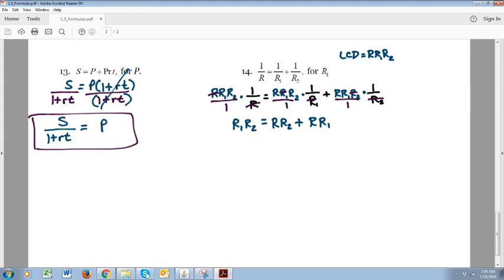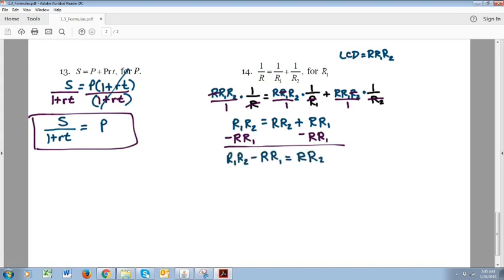So we've first cleared the fractions, but we have a lot more work to do because we need to solve for R sub 1, and there's 2 terms that have an R sub 1 in them. So this is going to be like the last problem where we're going to need to factor out an R sub 1, but the first thing we need to do is get these R sub 1 terms on the same side. So I'm going to go ahead and subtract R1 from each side.